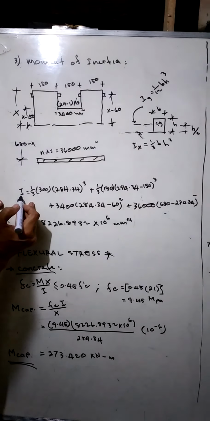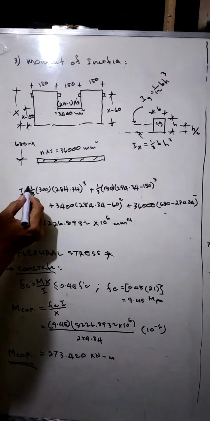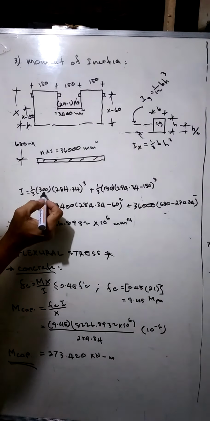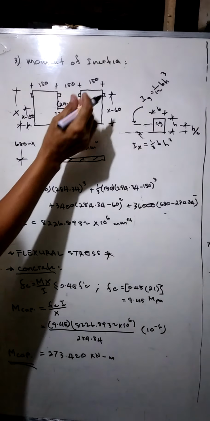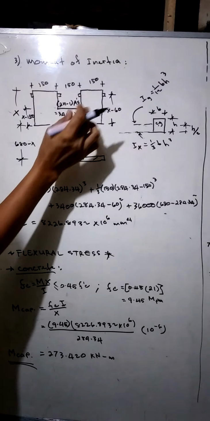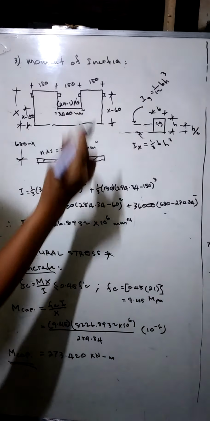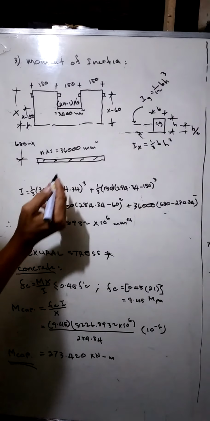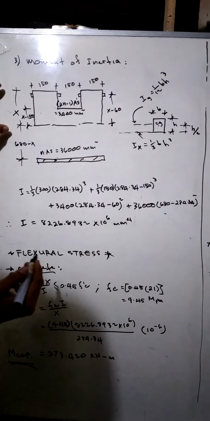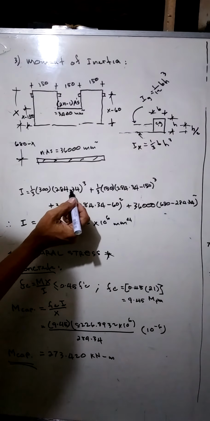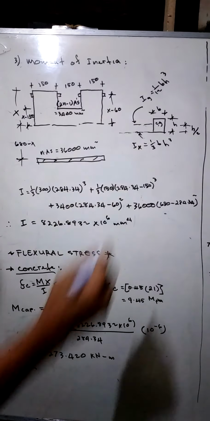Moment of inertia. Let's start with 1/3 times 300. I combine the 150 because this is identical. So 300 times the value of the height, which is x, 284.34 to the third.